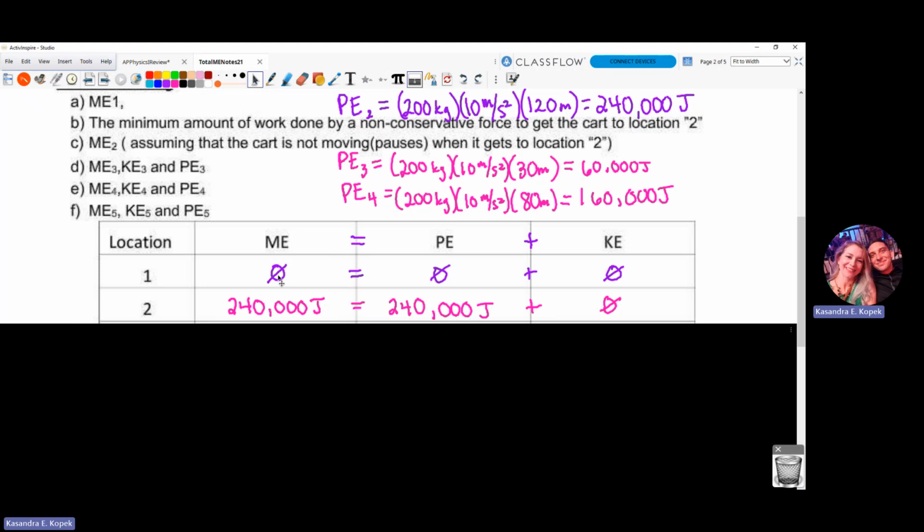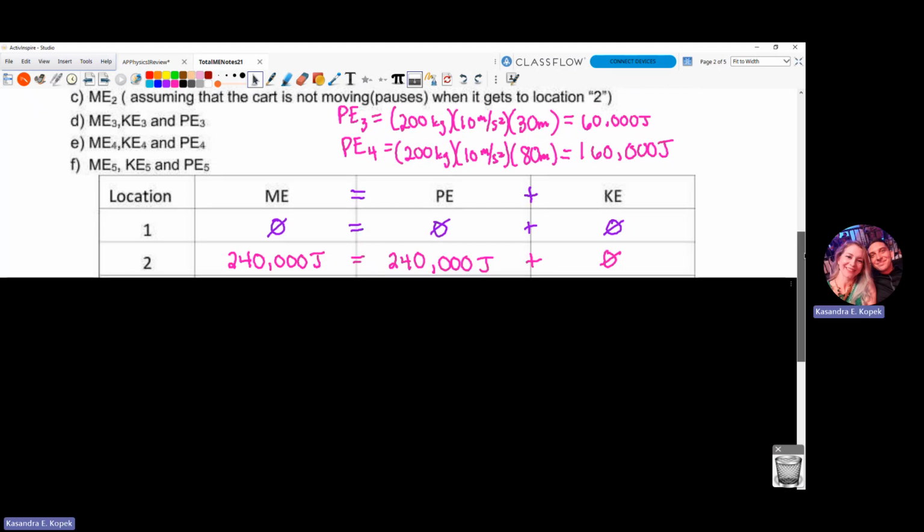Now you're wondering, why is location 1 0? Because we haven't done any work yet. In order to gain the potential that we need for the ride, we had to do negative work from 1 to 2. That was just a reminder.